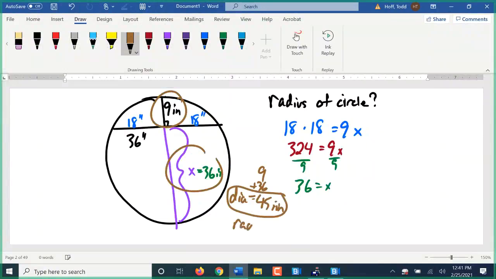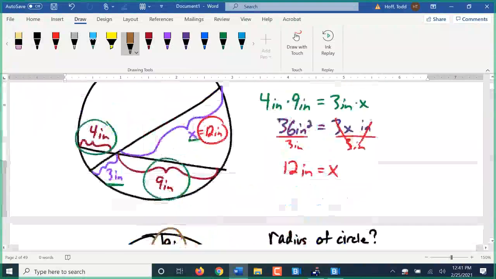And then, of course, a radius, which would be half of that, of 22.5 inches. So that's the radius of our circle. So that used this concept up here of those intersecting chords having to cut each other into pieces that multiply up to the same product.